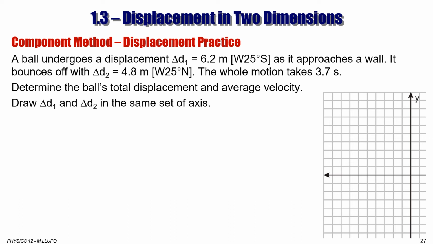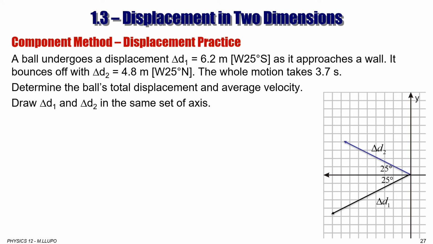Yes, you can draw them in different sets of axes if you want, but it is helpful to draw them in the same set of axes because you'll see the total. But anyway, it's up to you to do whatever you want as long as you do it correctly. So draw it proportionally, two vectors, label them, label the angle.